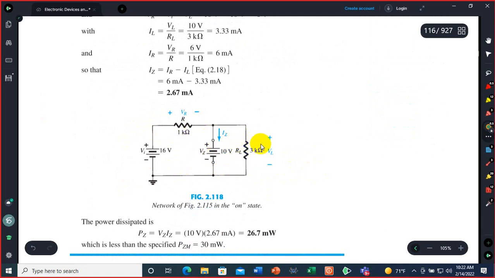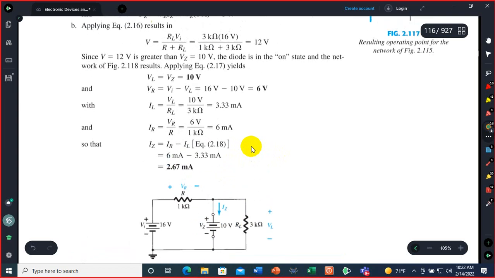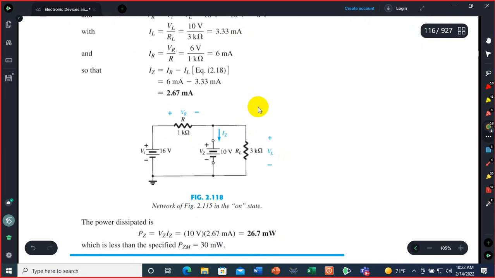As you increase the load, the voltage VL has increased to more than 10 volt and the diode is on. Even though it is 12 volt, it still maintains 10 volt across the load. The extra voltage, extra power, will get dissipated over here.